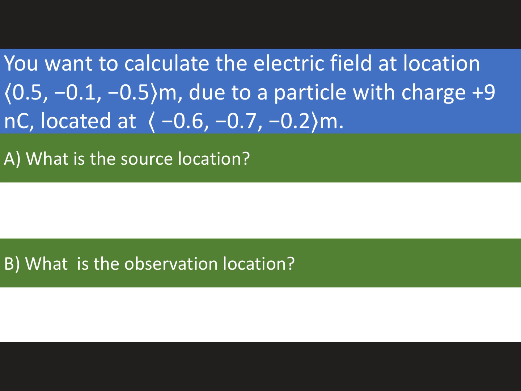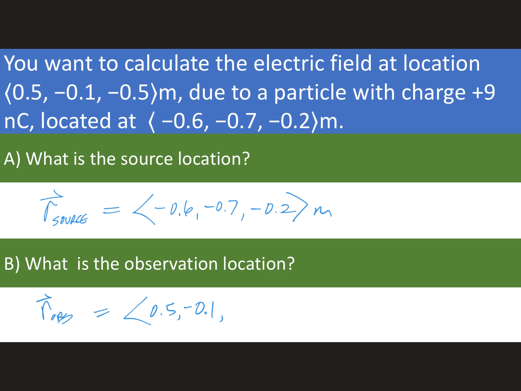You have 2 position vectors, a here and a there, and then there's a relative position vector, the difference between them. And it's observation minus source, because the observation location is the end point. All right. So this is really simple. The source location, you could call it particle or source, is just going to be that second thing, and then the observation location is just going to be that other one, 0.5, negative 0.1, negative 0.5.